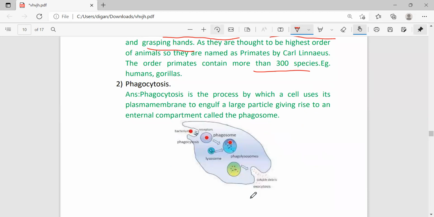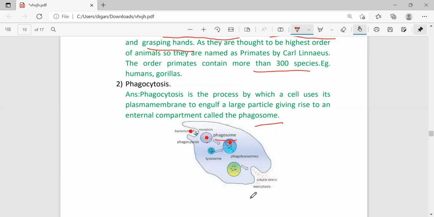The next question, phagocytosis. Phagocytosis is the process by which a cell uses plasma membrane to engulf a large particle, giving rise to an internal compartment called a phagosome. Suppose this is the cell structure and this is a particle. To engulf this particle, some finger-like structures are formed from the cell membrane, and then it makes a compartment which is known as phagosome.